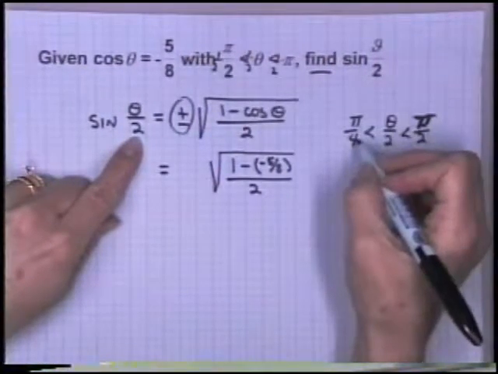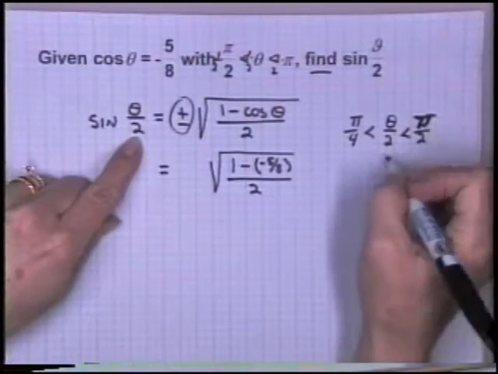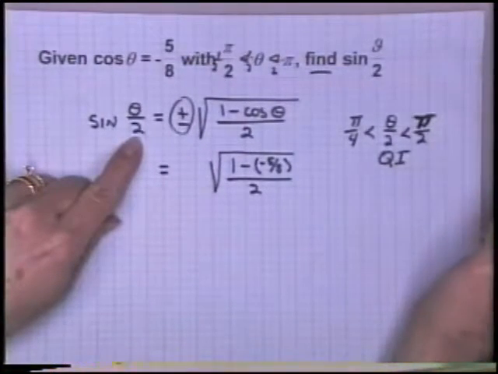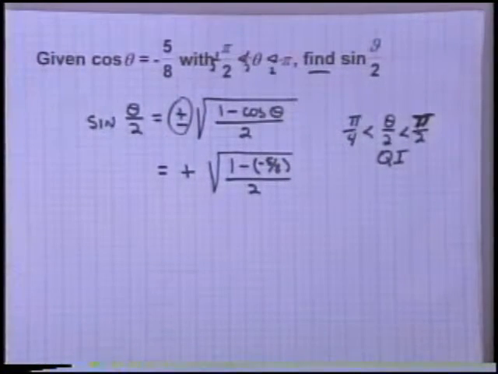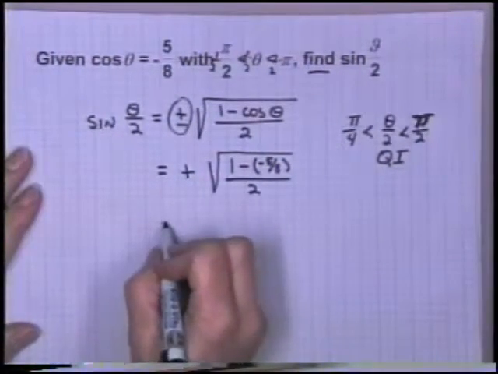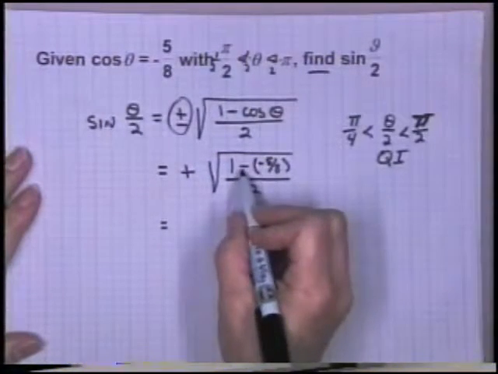So theta over 2 is between pi over 4 and pi over 2. That puts that in quadrant 1. If I'm in quadrant 1, I need the plus sign here. Okay? Now let's do a little work to simplify here.